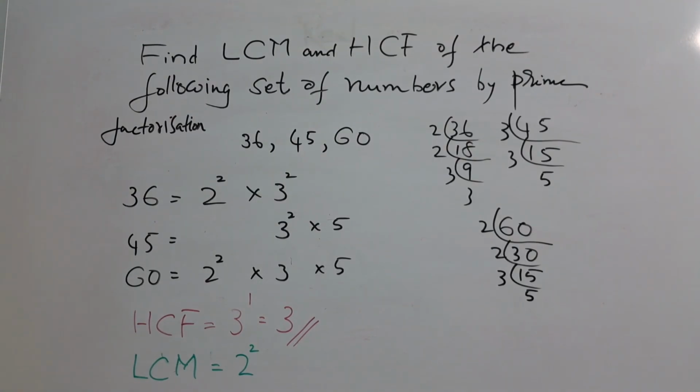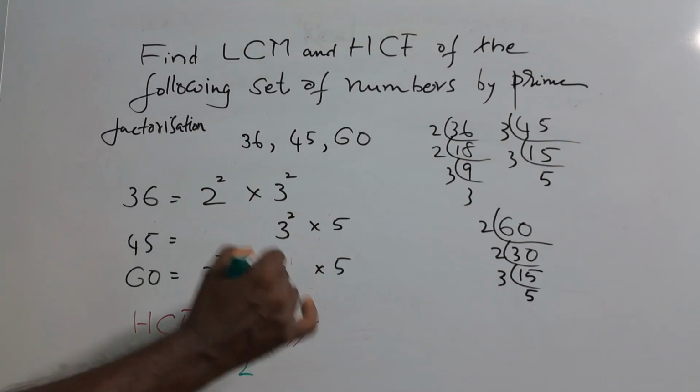Or even if 2 numbers do not have a prime factor and only one number has it, that prime factor is also considered for LCM. I will show you with another example.